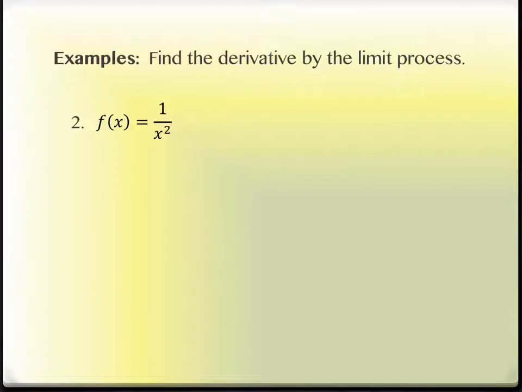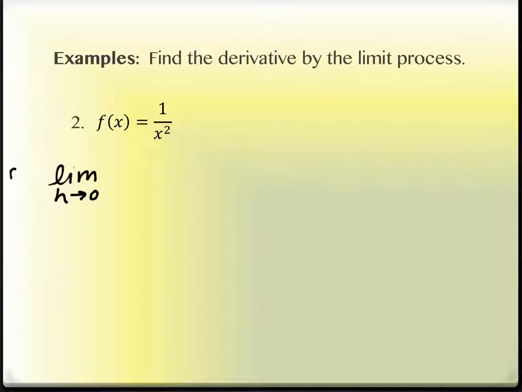So we're going to do an example, of course, to see what that looks like with a different type of function. The first one was a quadratic, specifically, polynomial in general. But I want to show you that it works for other types of functions too. So this is a rational equation, right? And we're going to see how this works. So the starting point is the same place. I write limit as h goes to 0. That's how it's always going to start.